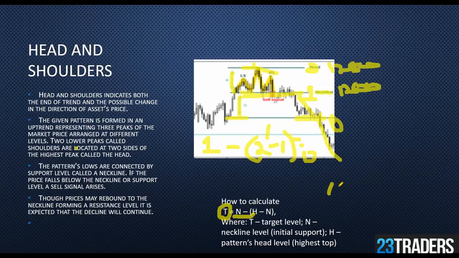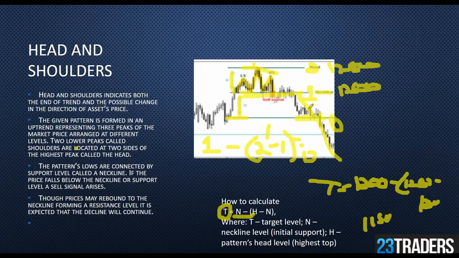Our target would be T equals 1,200 minus 1,250 minus 1,200, which would give us 1,150. So our target, if this were gold, would have been for gold to fall down to 1,150 in its trend.